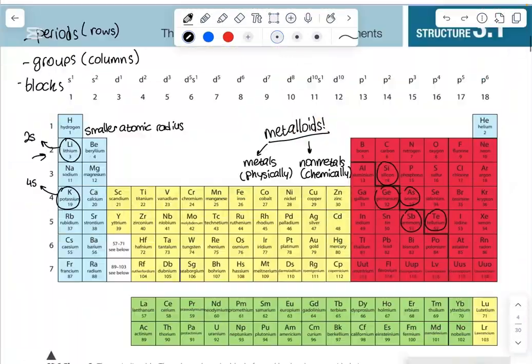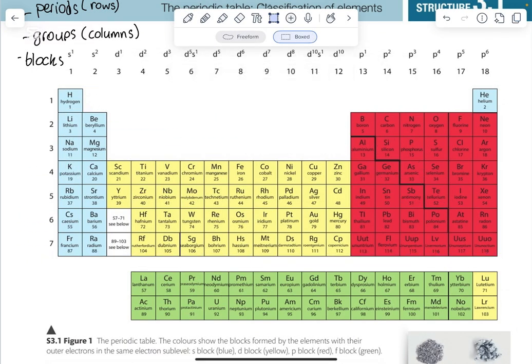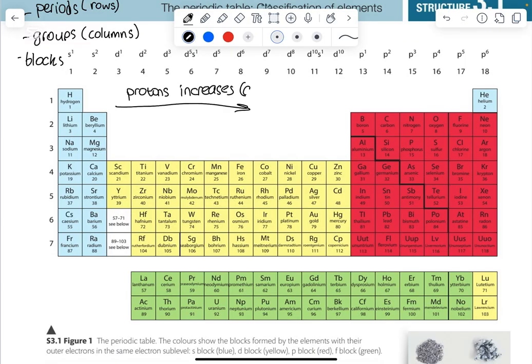However, like we mentioned before, the elements are ordered in a sense that when you go to the right, the number of protons increases, which is the atomic number.